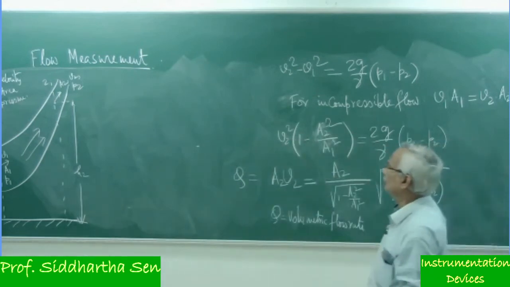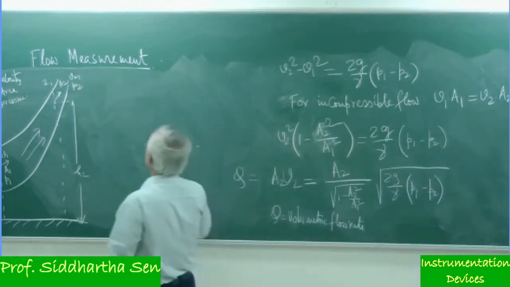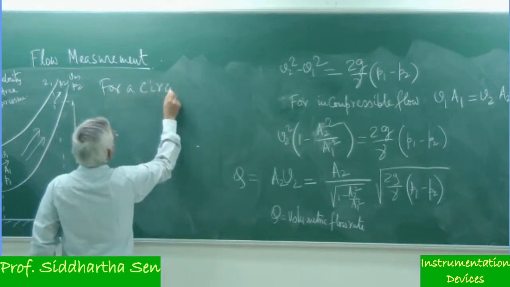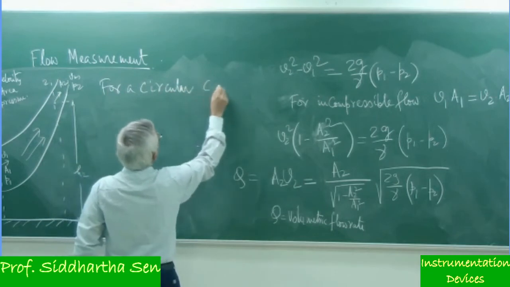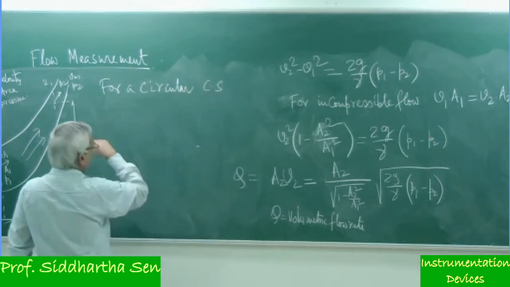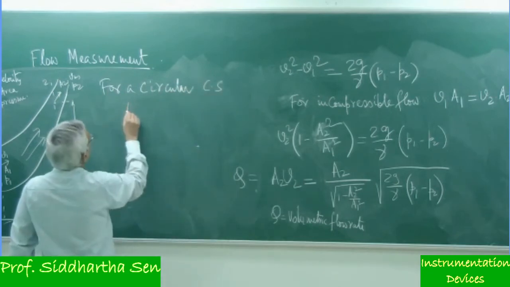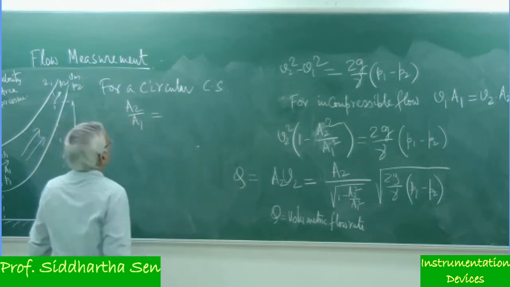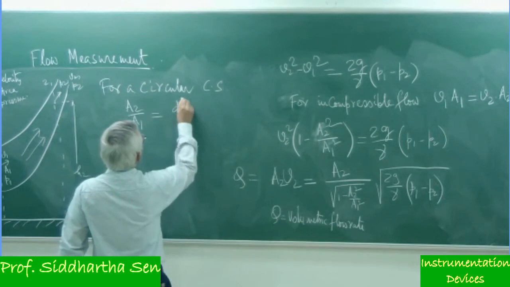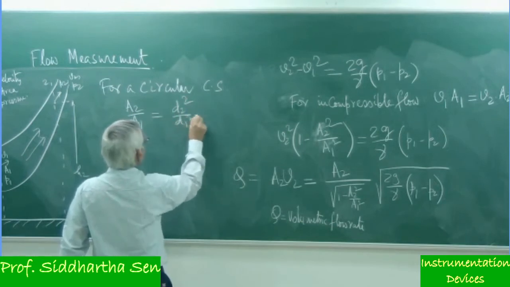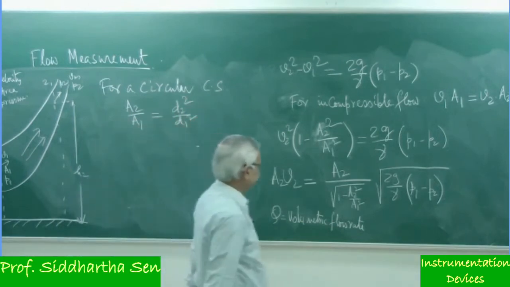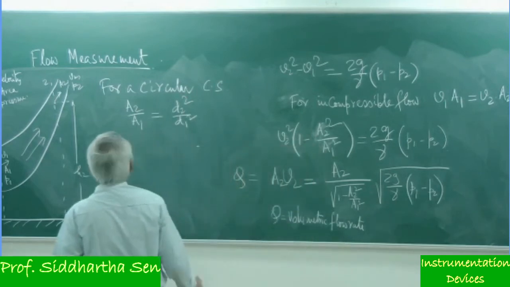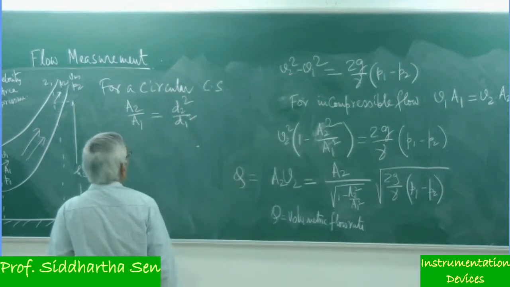And one more step I can say, for a circular cross section, we know A2 by A1 is equal to D2 square by D1 square, and that means it is dependent upon the diameter.